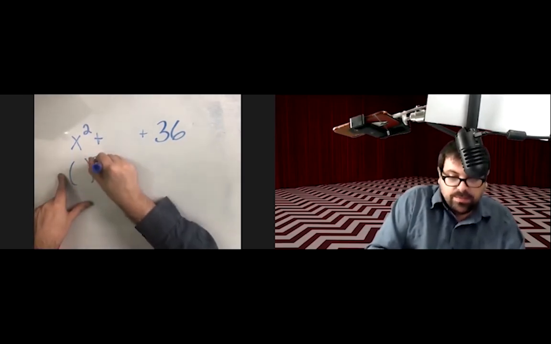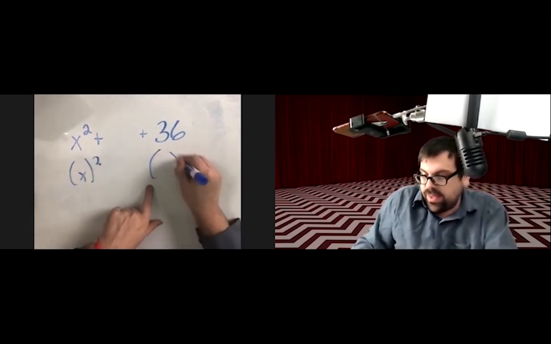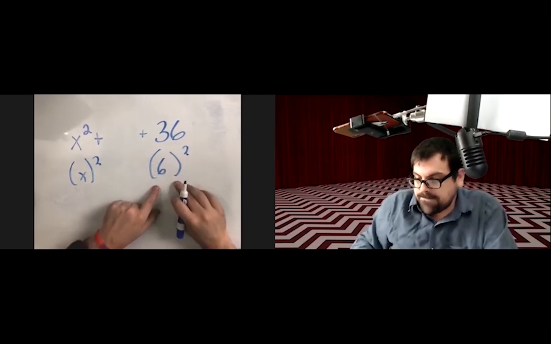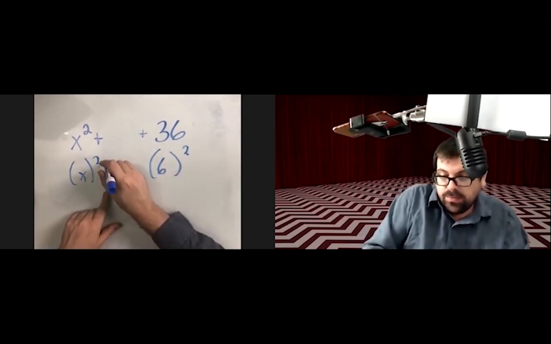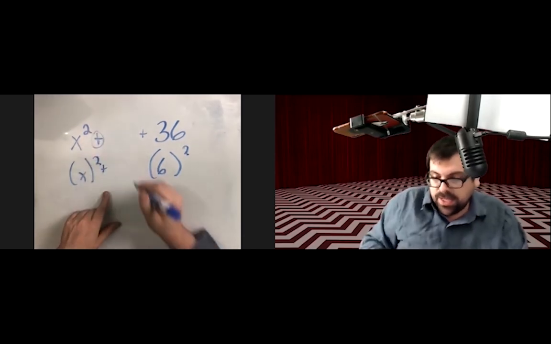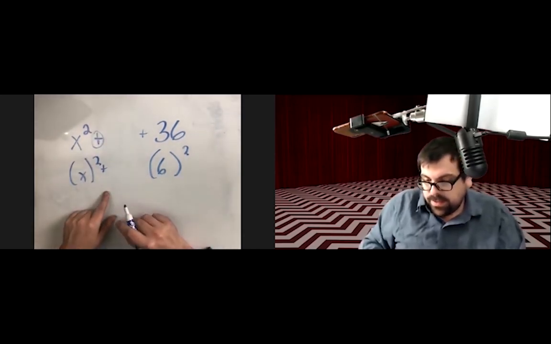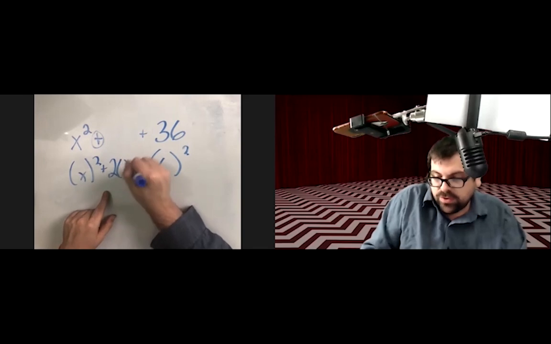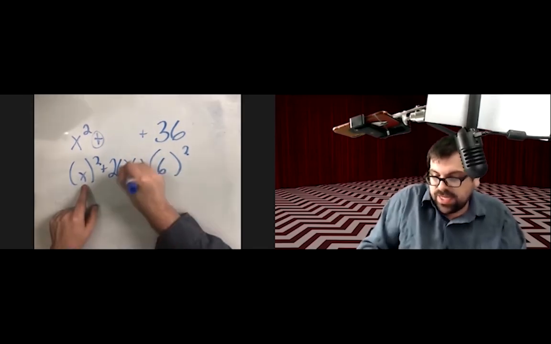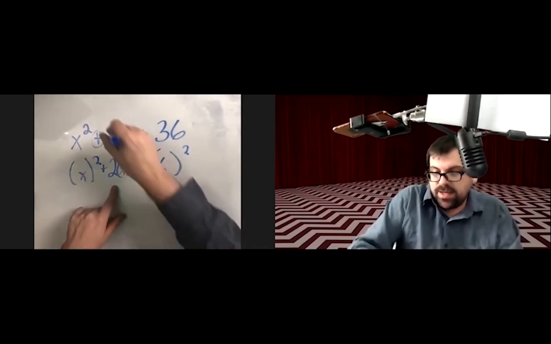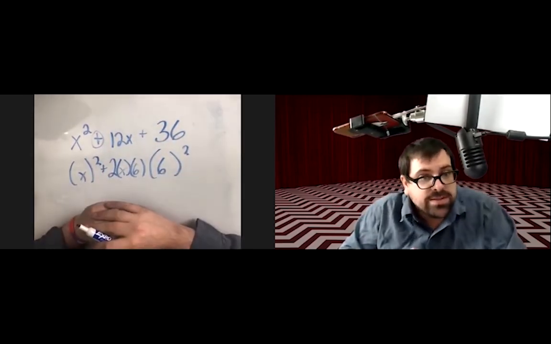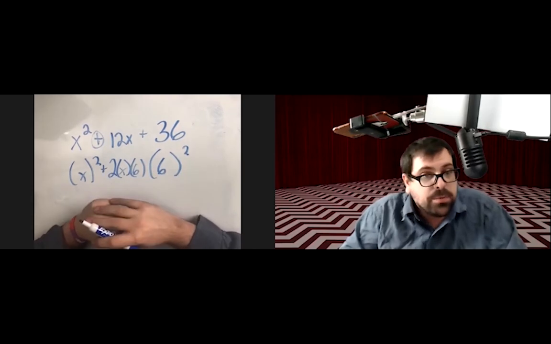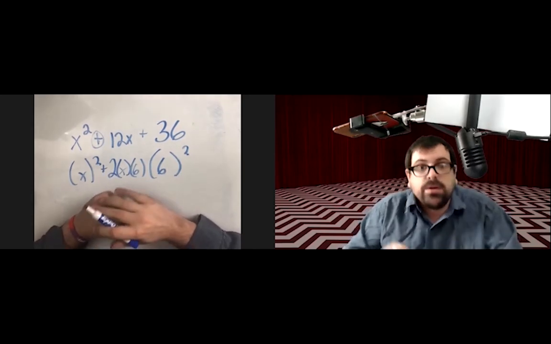This was x squared. This was 6 squared. And in the middle, we did whatever this was plus, and then 2 times the first times the second. 2 times x times 6. And we were able to get that a plus 12x would make this a perfect square trinomial.